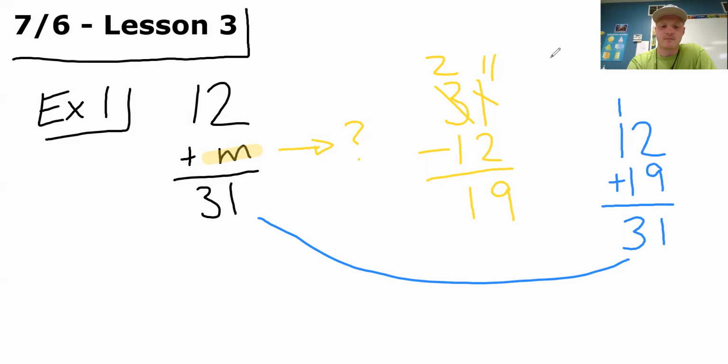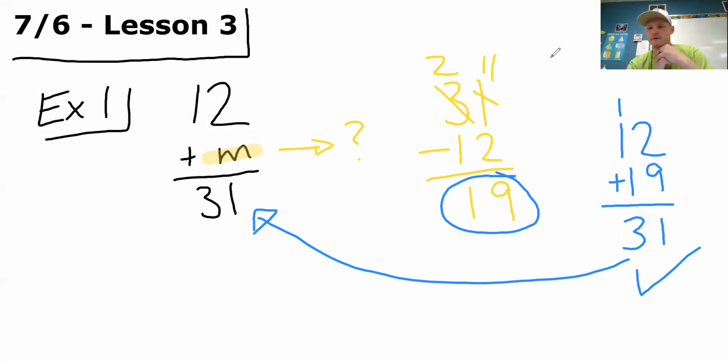Does that match the number right there? Yes, it does, so we got that answer right. 19 is our value for M. That's example number 1. Pause if you need to. We're now going to move on to example number 2.